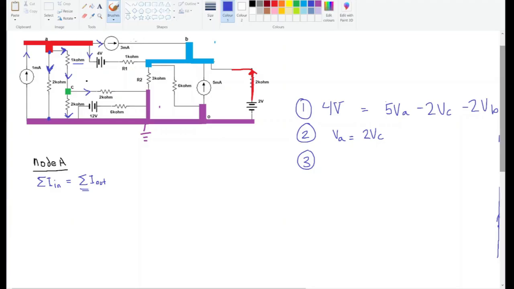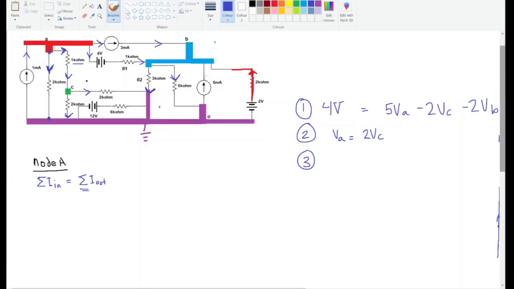We said that this current here is going this way, so it's going to continue going this way. This current here is going to continue to go this way. So they're both going into node B. This one over here, we can just say it's going out. This one over here, we can say it's going out.